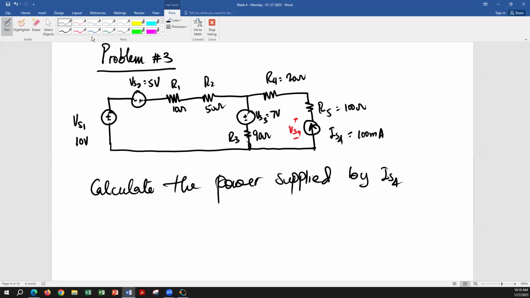And how are you going to find that voltage drop? Yeah, but VS3 is the voltage across that voltage source, not the voltage at the node between R2 and R4 and VS3. That's not the voltage VS3, because you have a 90 ohm resistor at the bottom, R3.